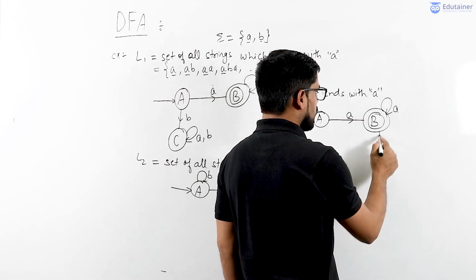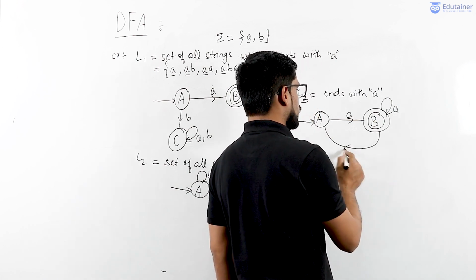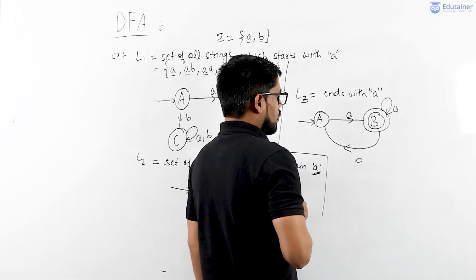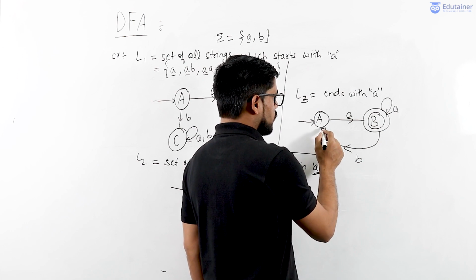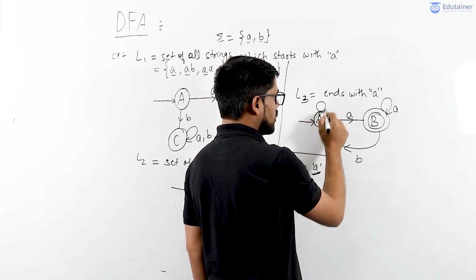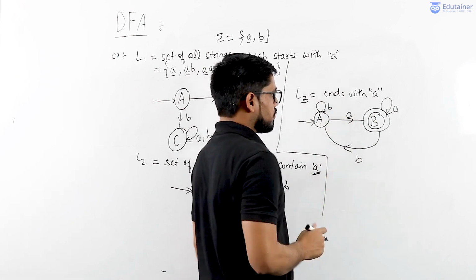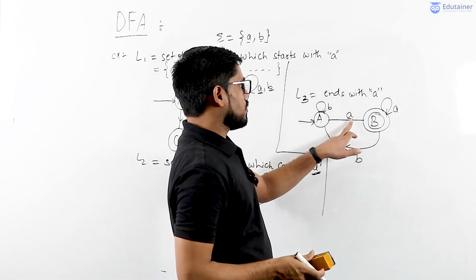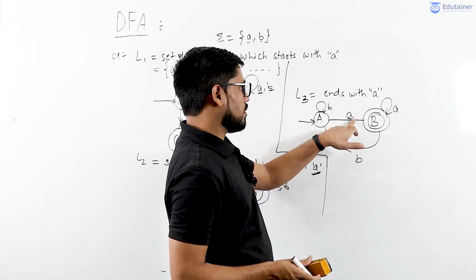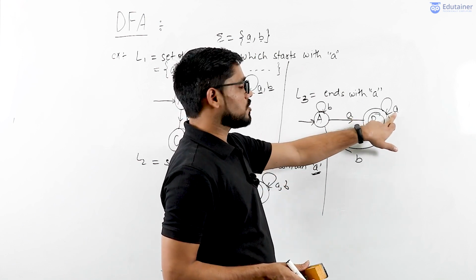So if I see a b, then I will go back to the initial state capital A. And here also, if I see any number of B's on the initial state, I simply stay. So the language is constrained so that it will always end with a.